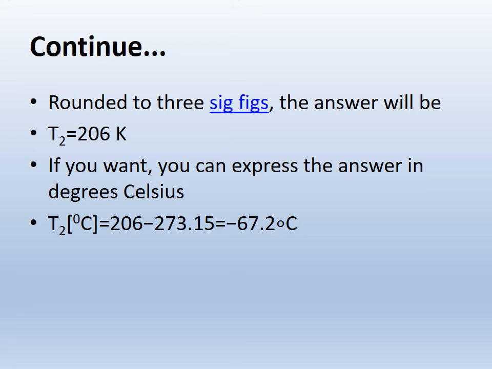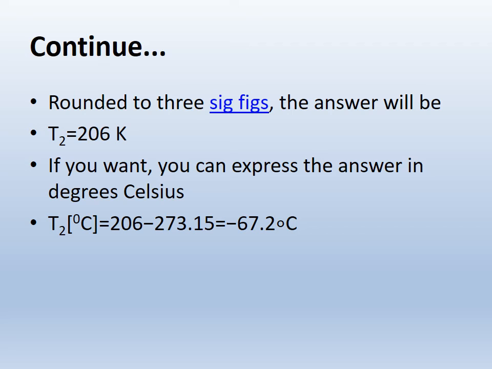The answer will be T2 equal to how much? 206.38 degree Kelvin, right? So if you want to express the answer in degree Celsius, what will you do? You will convert it.